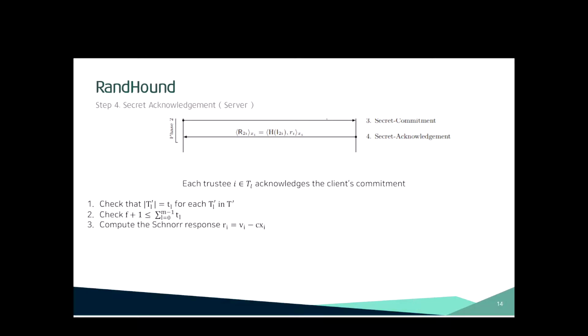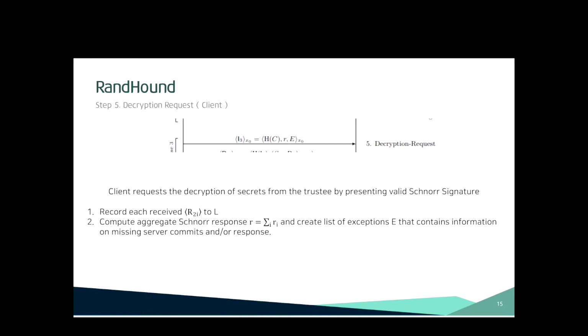And then respond with the Schnorr signature response. Client also records all received messages to L and computes Schnorr response using received RI. And create a list of exceptions E that contains information about missing server commits and responses. And send it to all servers using broadcast.